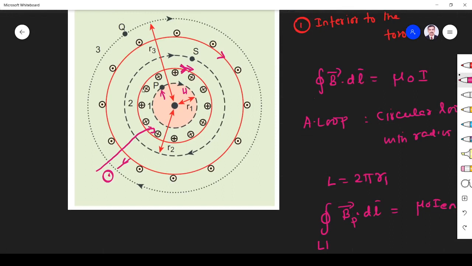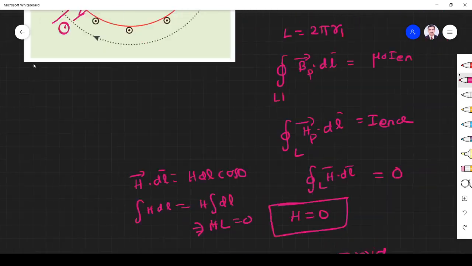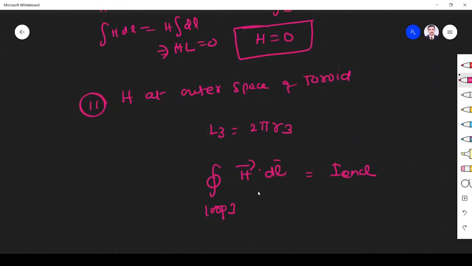Because the current which is coming out of the plane, you see here the current is coming out. Here current is going in. It is coming out of the screen here, and going inside the screen here. So current coming out of the screen is cancelled by current going inside the screen. So I enclosed is 0.